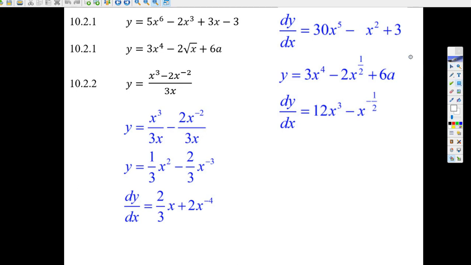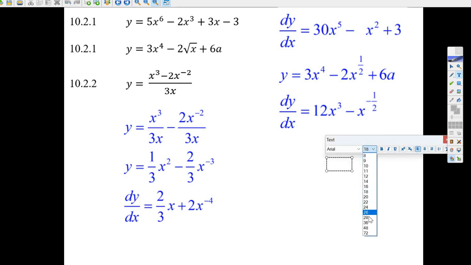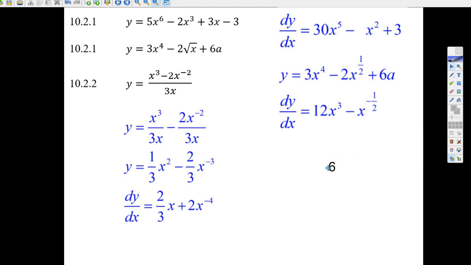So we're going to change that to a 6. And yeah, I'm going to do it right now so I don't forget. Change it to a 6. So 3 times 2 is 6x squared. And then the derivative of 3x, 1 times 3 is 3. And that's x to the 0, which is 1, so it's just 3. There's the first one done.